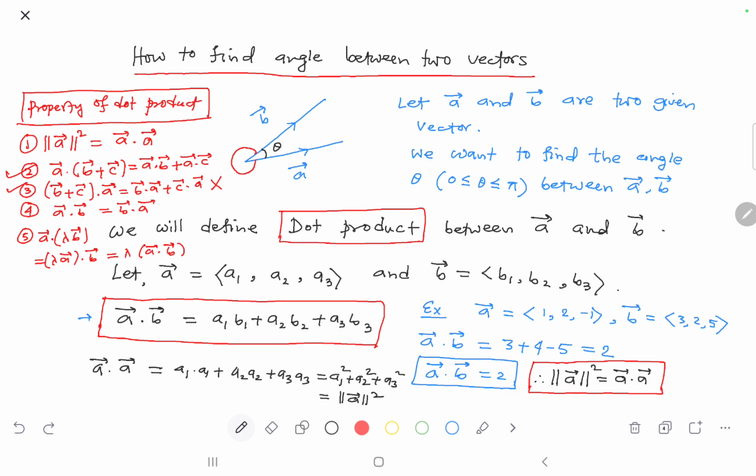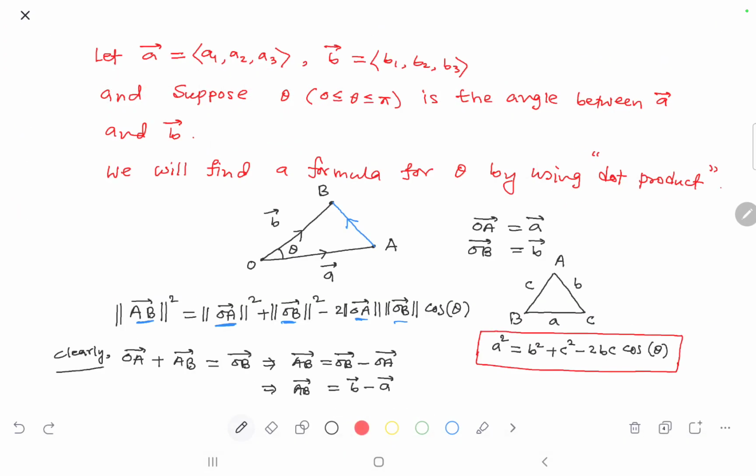Now, the dot product will satisfy some properties. We will prove in the next lecture that the dot product has these 5 properties. But we believe these 5 properties and we want to write down the angle using the dot product. So that we did here.